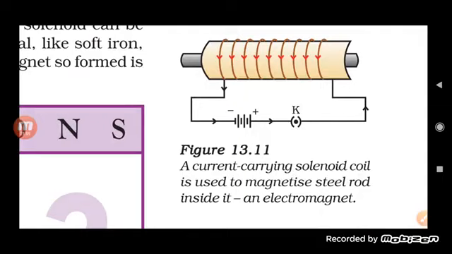Basically, a solenoid behaves like it has two poles, that is, a north pole and a south pole.